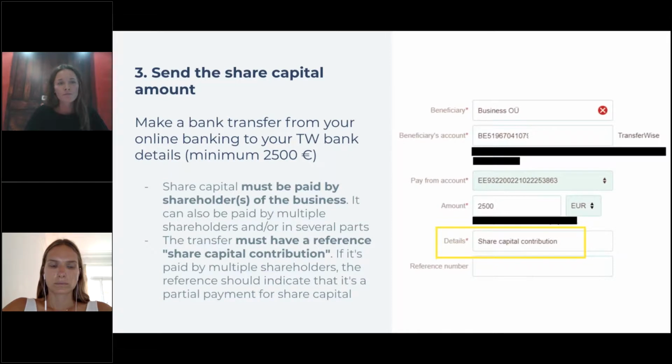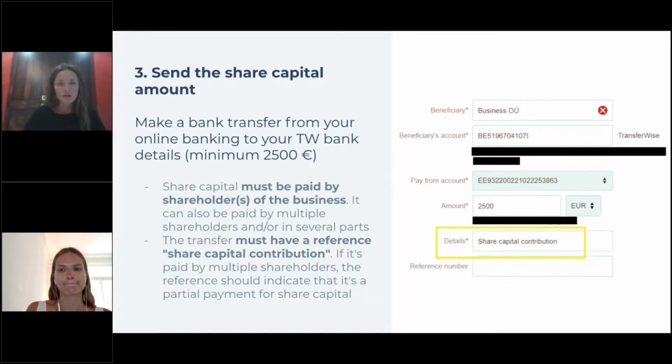Some other important things to note here are that the share capital must be paid by one of the shareholders of the business. It can be paid by multiple shareholders and in several parts, but the name must match. And the transfer also has to include a reference that says share capital contribution, or osakapitali sissemakse in Estonian.